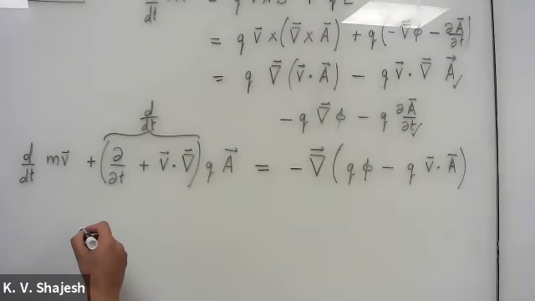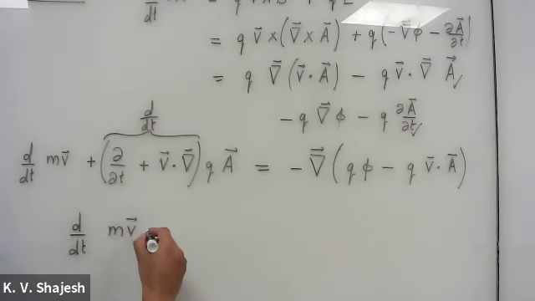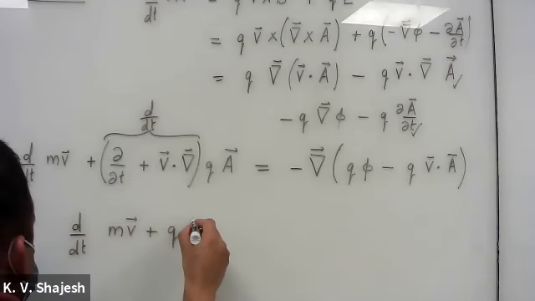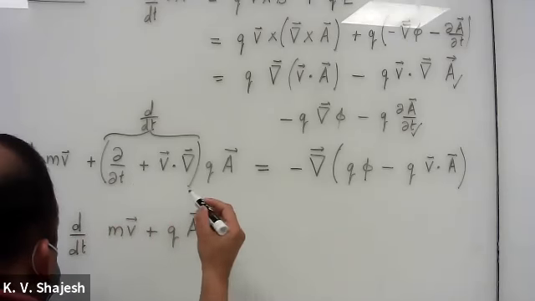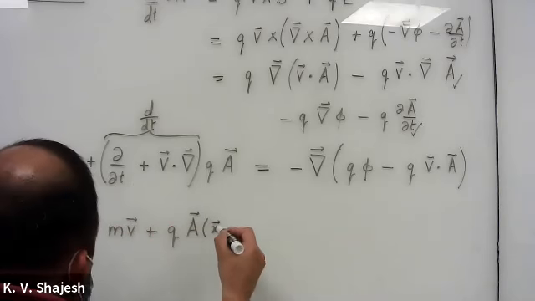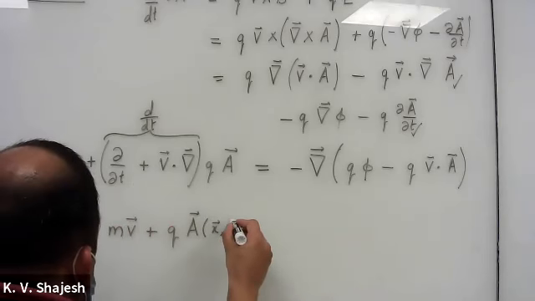So what we have is the total derivative of some quantity here, that's mass times velocity, plus q times the vector potential, which is a position dependent quantity, and it can depend on time actually.